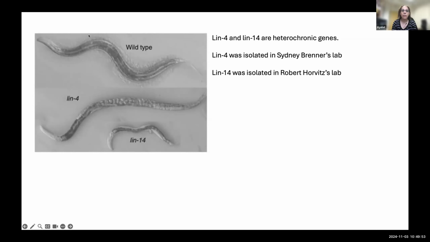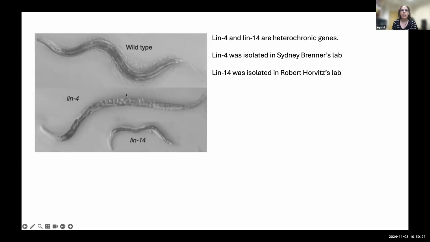And lin-4, if this is the wild type form, if you can see the wild type form, lin-4 actually skips the first stages of development of the worm, and in lin-4 you get a worm that has a bag of worms phenotype, which means that the eggs are inside the worm. This worm is pretty big.